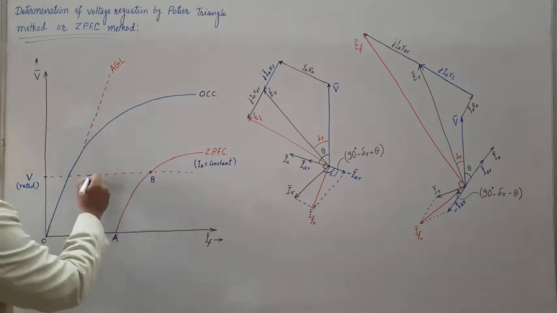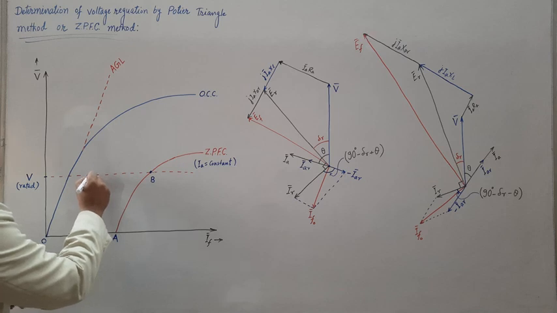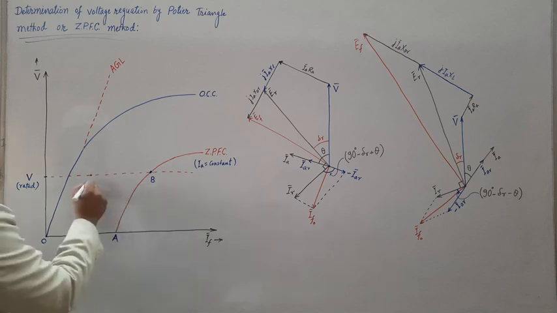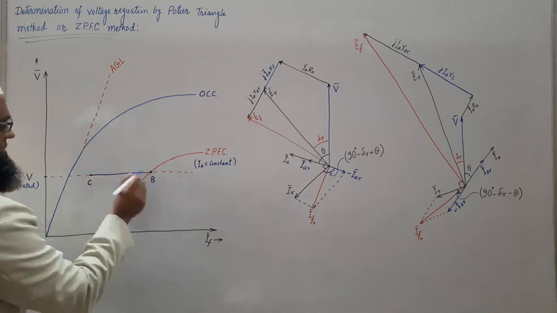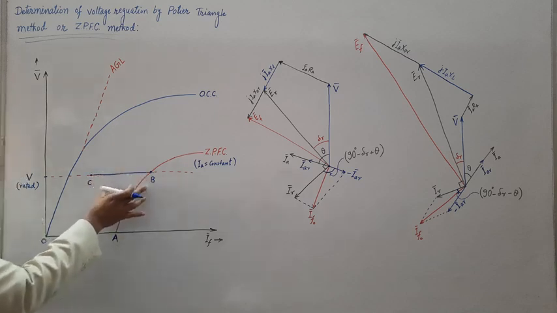Let us mark this point as C, such that the length CB is equal to OA.